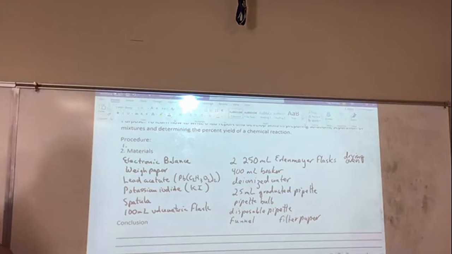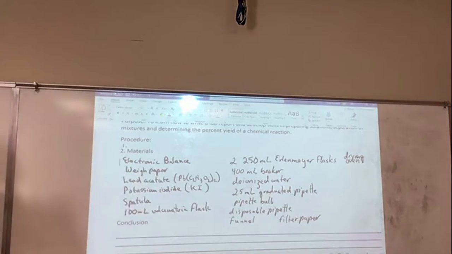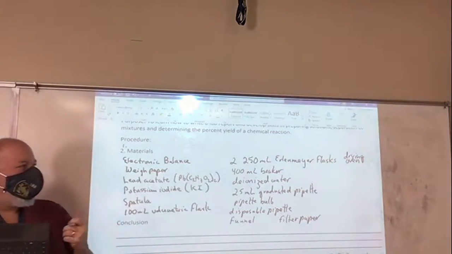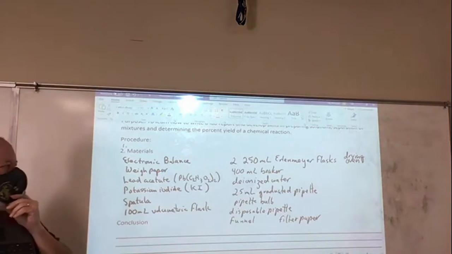So, when you actually sit down and try to think about this, a lot of stuff comes together. When you simply write out all the materials, it's like, oh yeah, I used that, oh yeah, we did that. It really pulls a lot of stuff together.